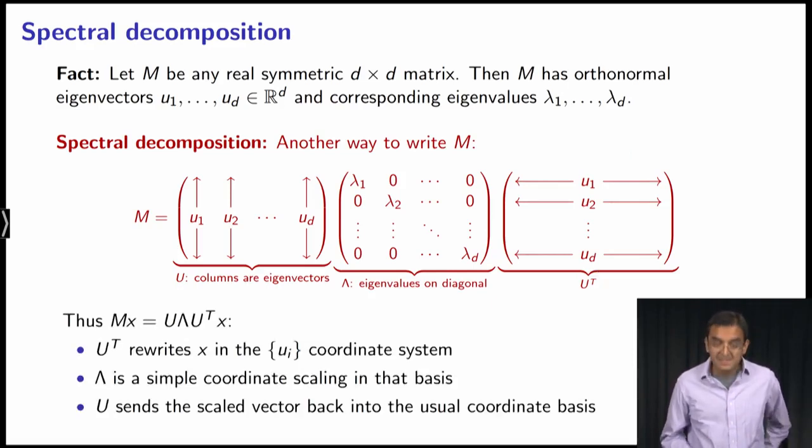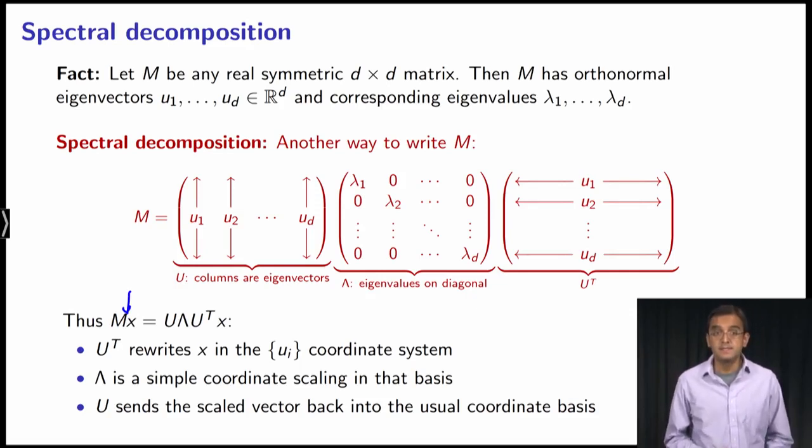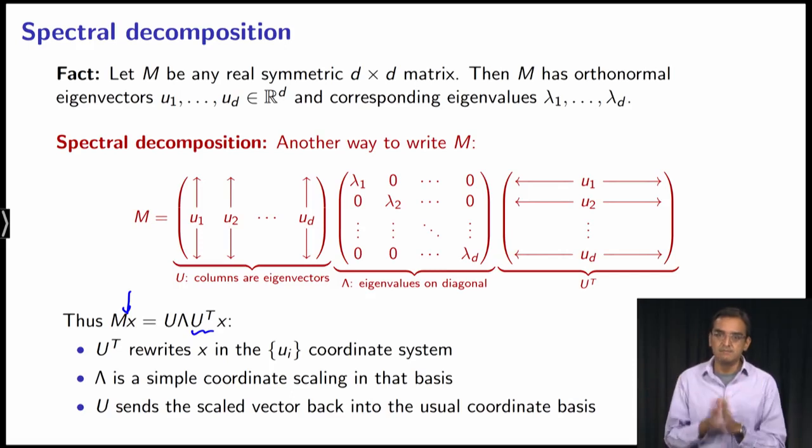So here is exactly what M is doing to any vector x. It starts by applying U transpose to it. So it takes x, which is a vector in our regular coordinate system, and then it applies U transpose to it, which basically converts it into its own basis, the basis of the eigenvectors. So that's step 1, U transpose x.